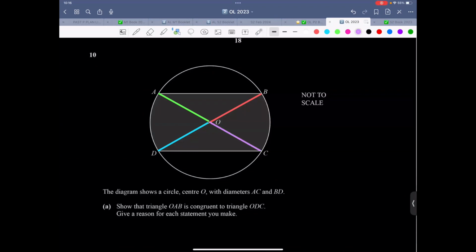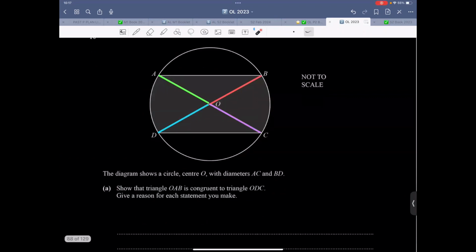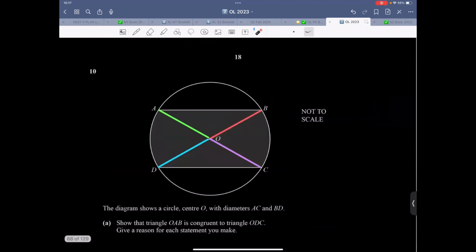So now we have 4 radii. And then it says, show that the triangle OAB. So which is the triangle OAB? This is O till A till B. This triangle is congruent to this triangle, which is ODC. Give a reason for each statement you make, and this is for 3 marks.